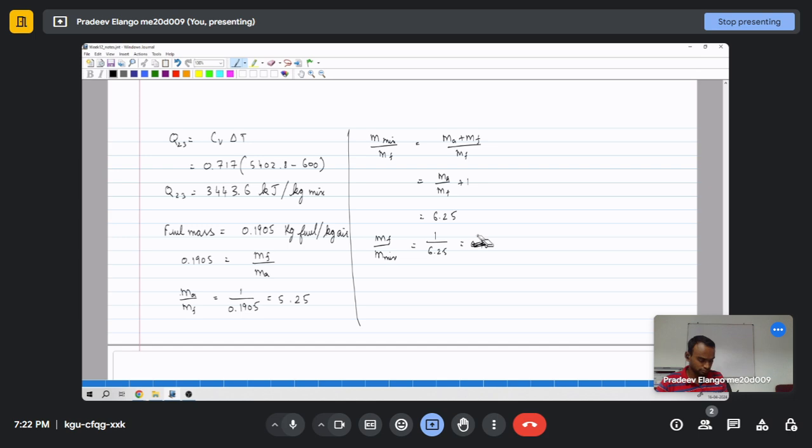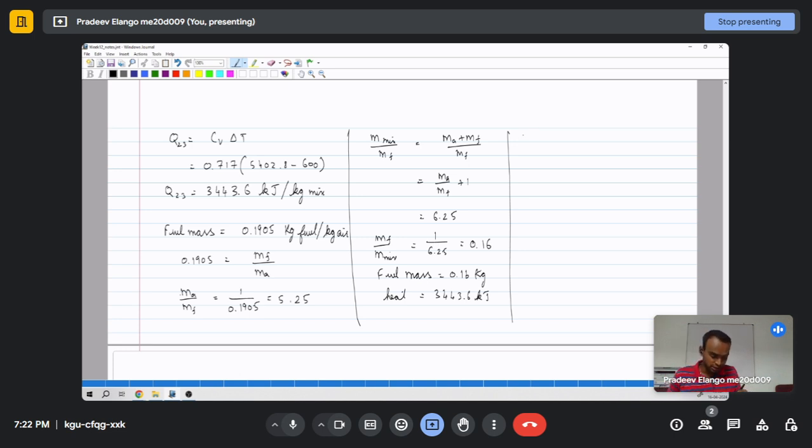So now the fuel mass is 0.16 kilogram, and this is giving a heat energy of 3443.6 kilojoules.